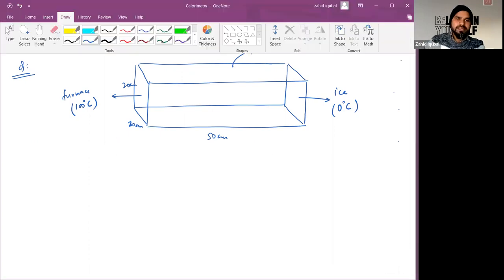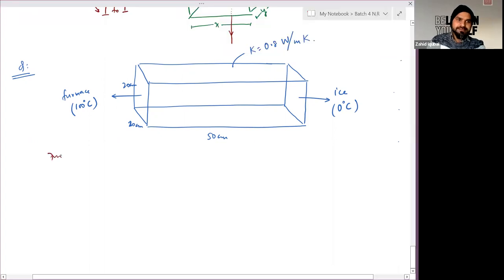Now, on the basis of this, try to find first, temperature difference across its end. Second, temperature gradient.